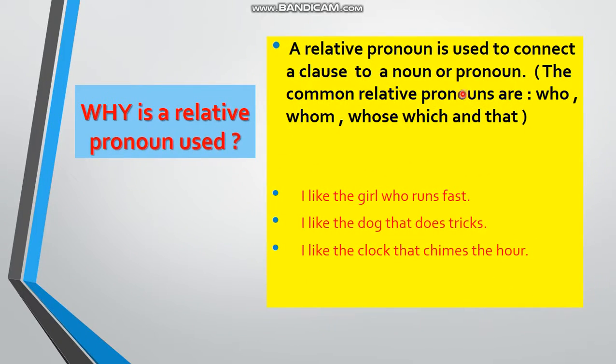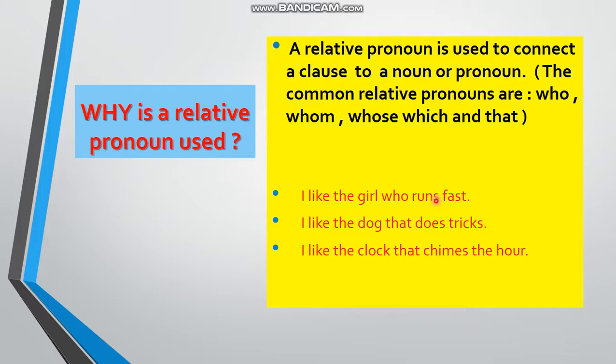A relative pronoun is used to connect a clause to a noun or a pronoun, as we said previously, to add information about the noun or pronoun in a sentence. Common relative pronouns are who, whom, whose, and which, and that. For example, I like the girl who runs fast.